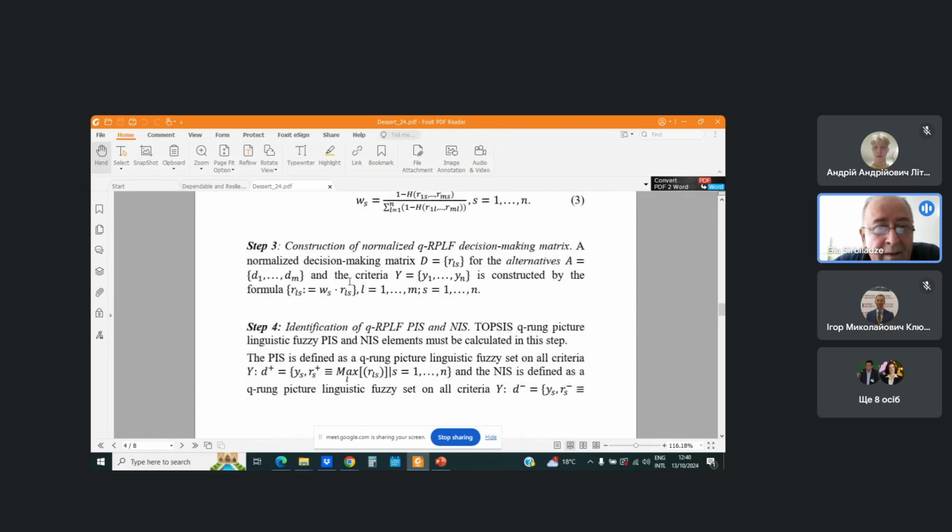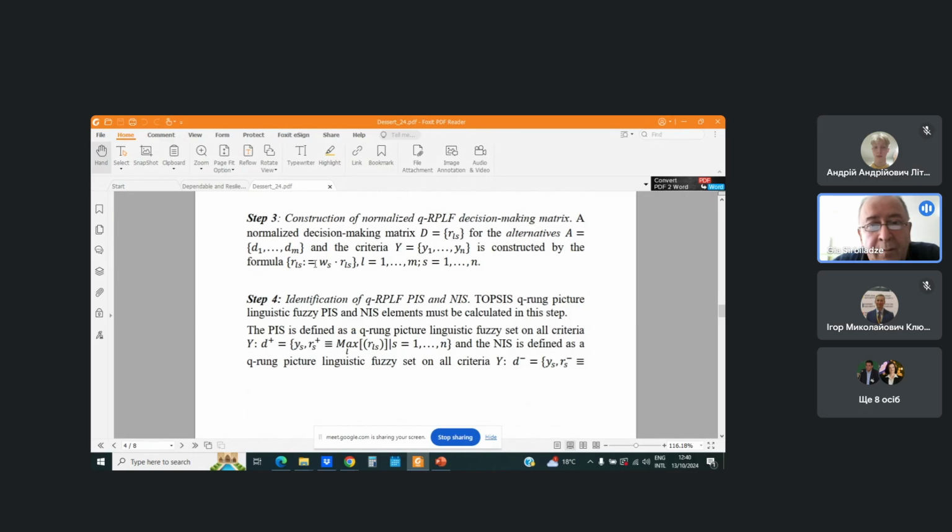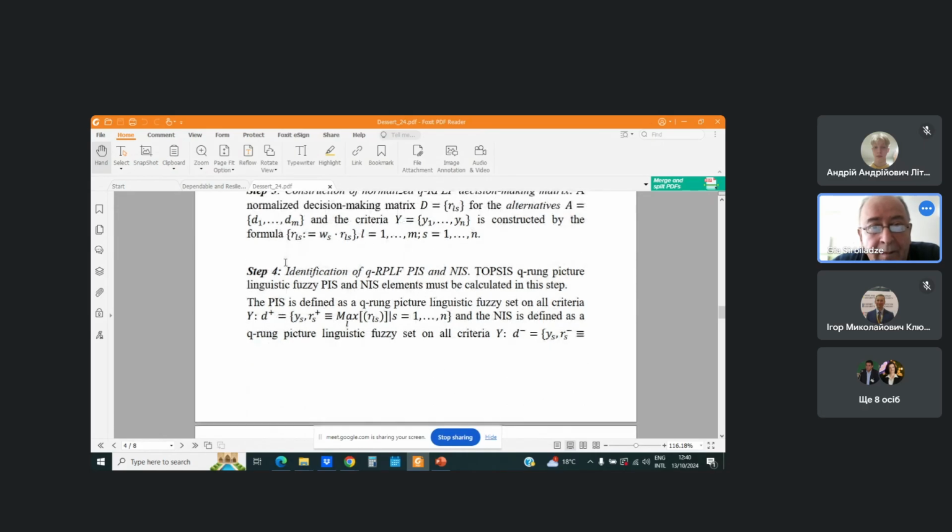In step 3, we construct a normalized Q-rank picture linguistic fuzzy decision-making matrix, and the next step is to identify the positive ideal and negative ideal solutions.